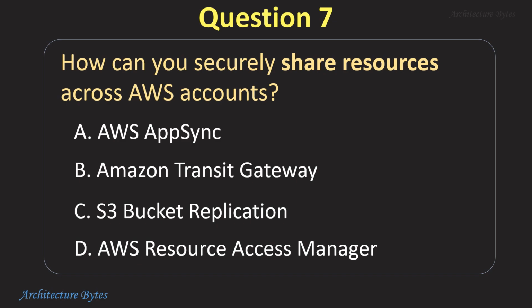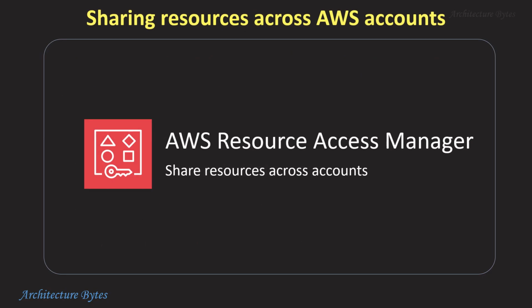How can you securely share resources across AWS accounts? Use AWS Resource Access Manager to securely share resources across accounts in an organization while maintaining ownership and control over these shared resources.